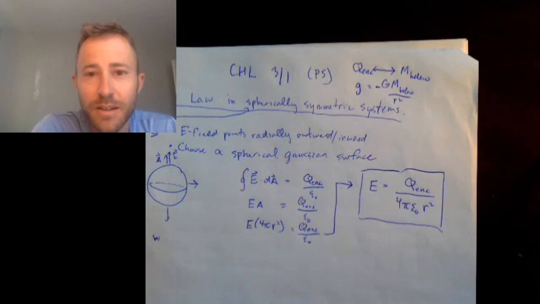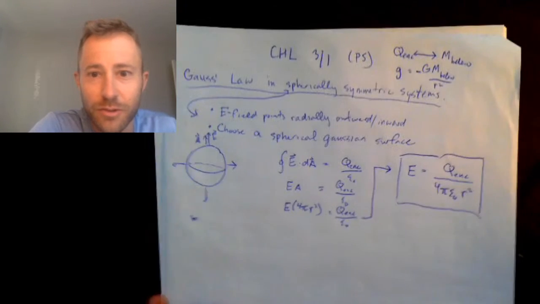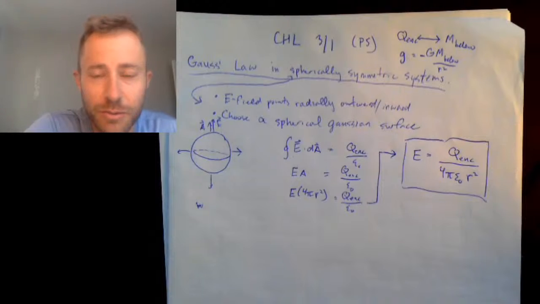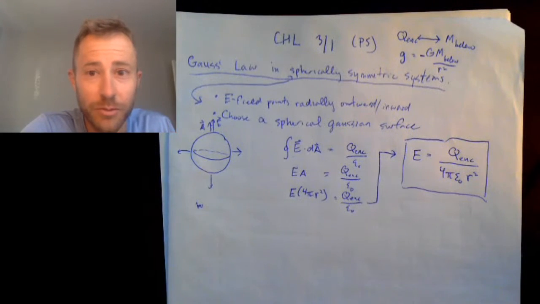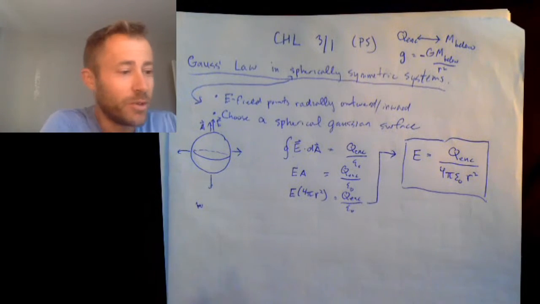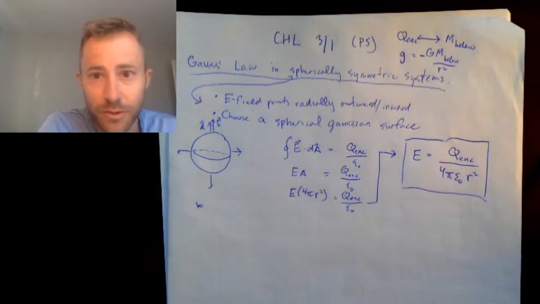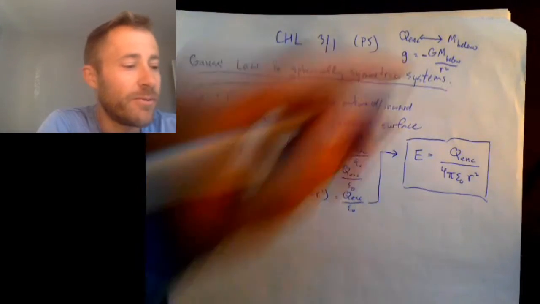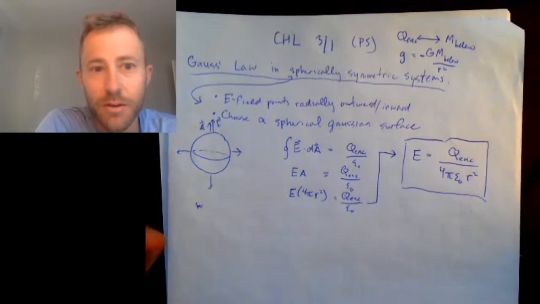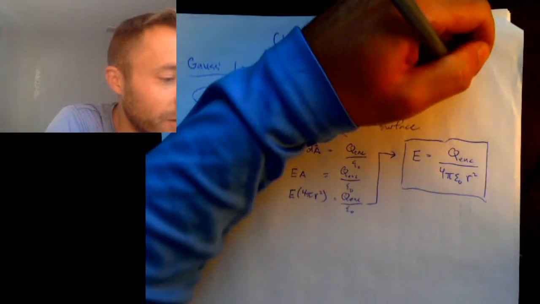Okay, so actually you already know about Gauss's law for spherical systems, because we already talked about it when we talked about gravitational fields. Okay, in fact, there is a Gauss's law for gravity, and it is this.